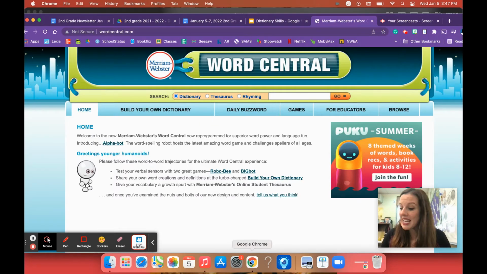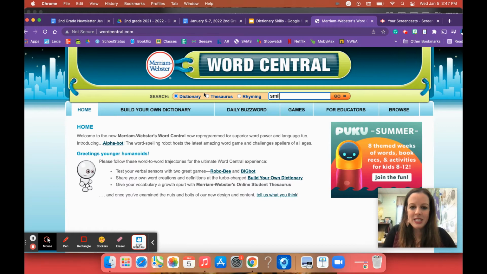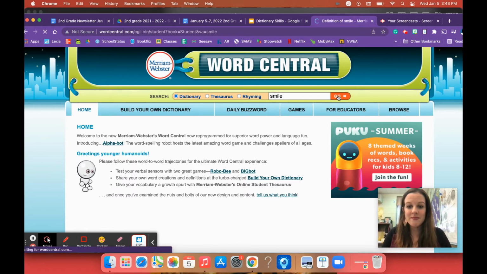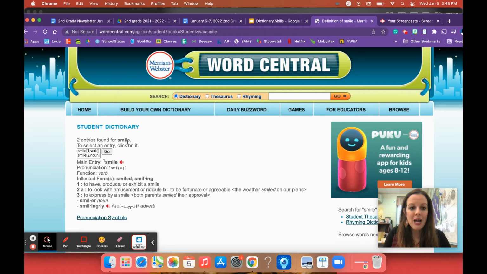Our first word is smile. Go up here, make sure that you're on dictionary, and I'm going to type the word smile and hit go. There are 2 entries found for smile. It even tells me how to say the word.